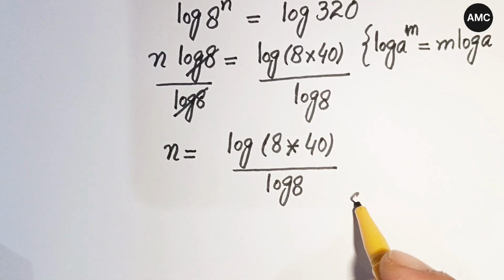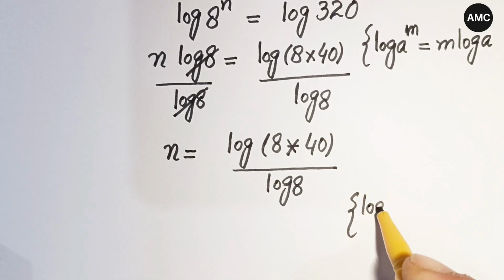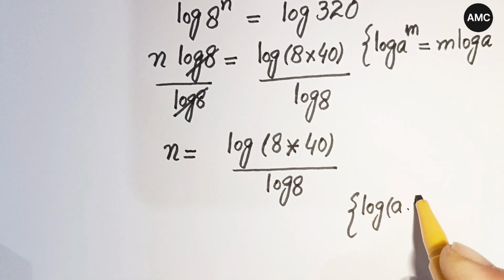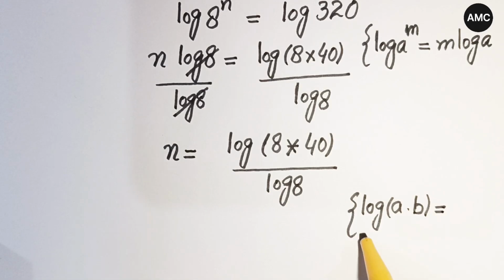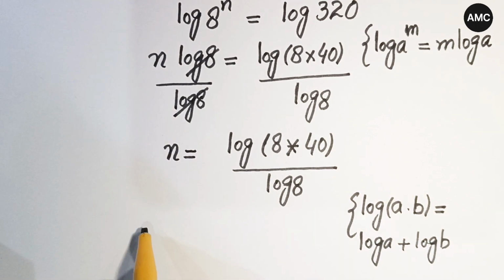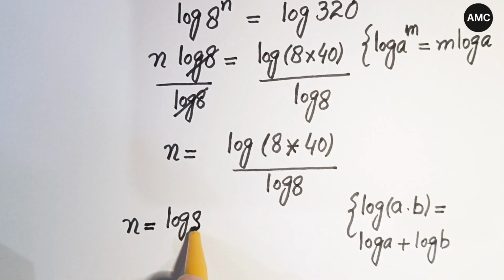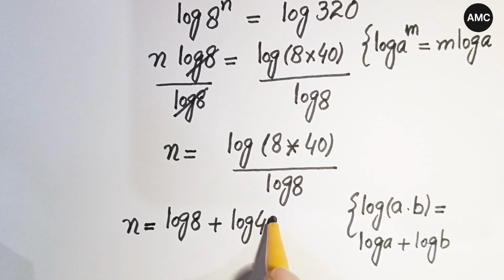Now applying this law, if we have log a times b, then it is equal to log a plus log b. So here n is equal to log 8 plus log 40, all over log 8.